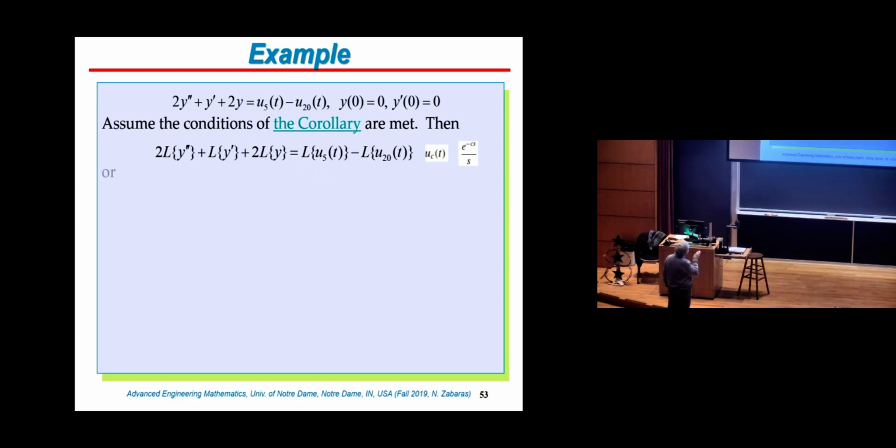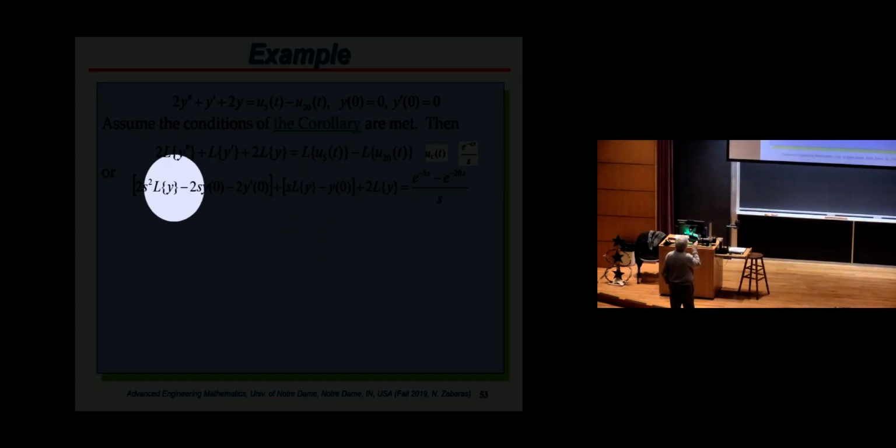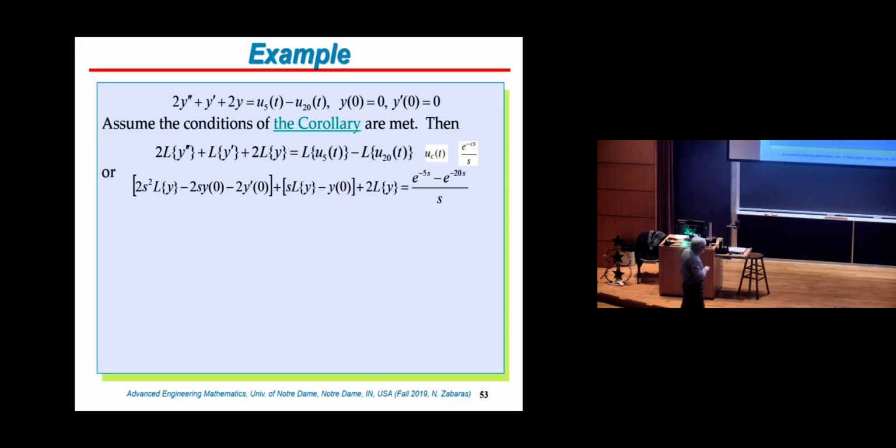Okay, so we expand the derivatives. And this you need to know, right? You don't need to memorize this. You just need to know the Laplace transform of the second derivative is s squared times the Laplace transform of y minus s y0 minus y prime of 0. And I remind you, the nice thing with the Laplace transform is that the initial conditions come directly in the Laplace transform.